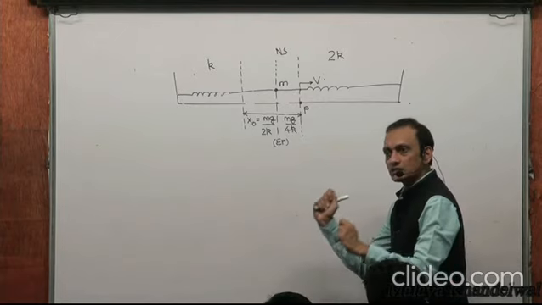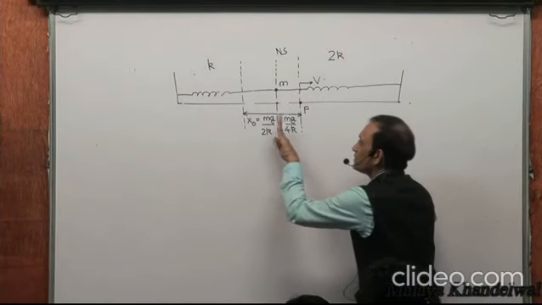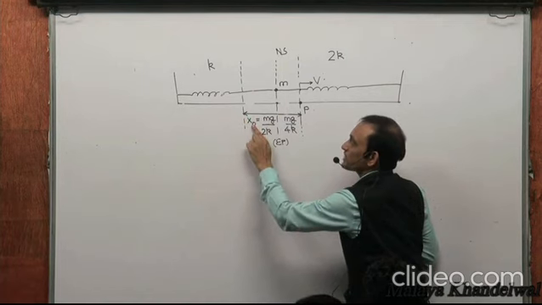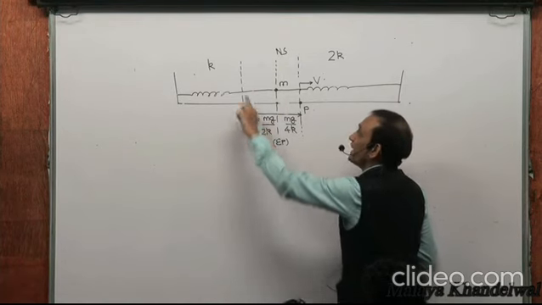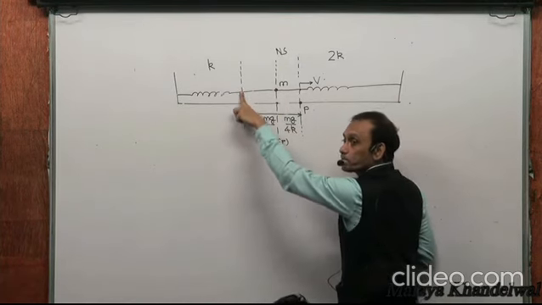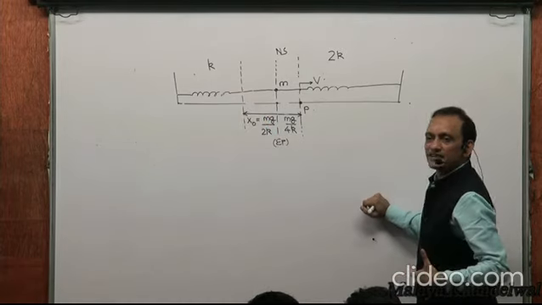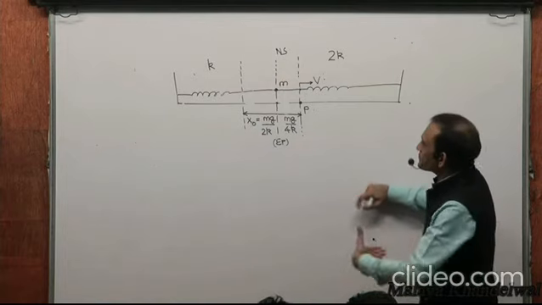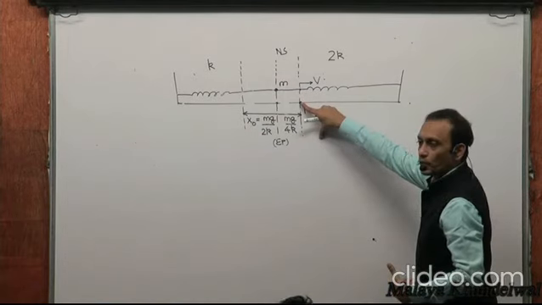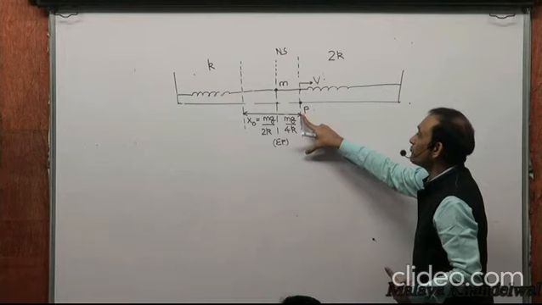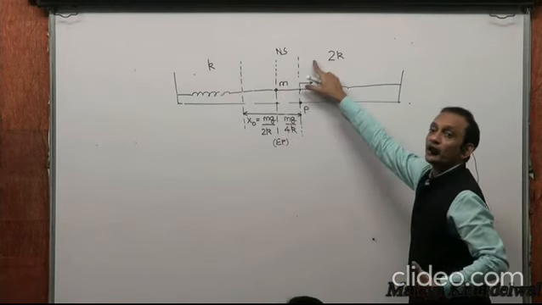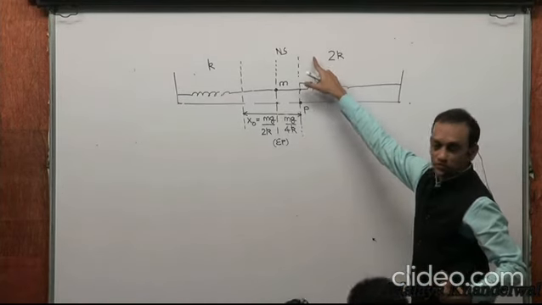And now very slowly, the mass m is pulled to the left by an amount x naught equal to mg by 2k and released from this position. It will now execute SHM. After a while, the mass m will pass through a point P, which is mg by 4k from the equilibrium position. I want to be able to find the velocity at this point P of this mass.